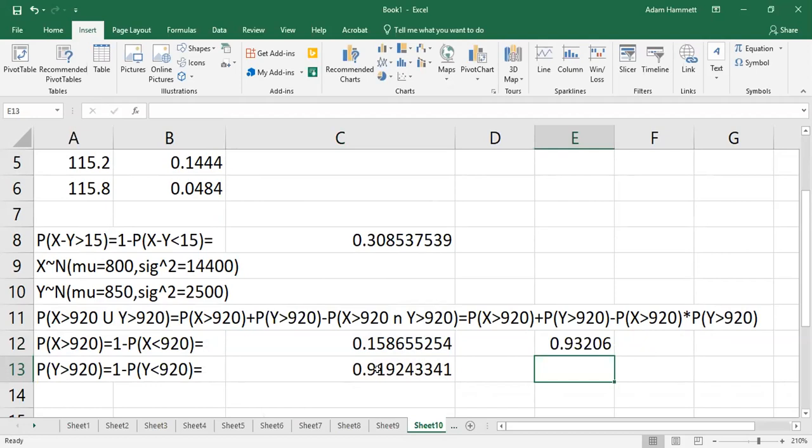Is that the answer? No, it's saying 0.2267. I think that's what the back of the book has, problem 5.5.9.